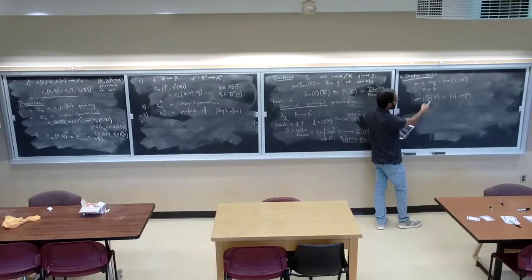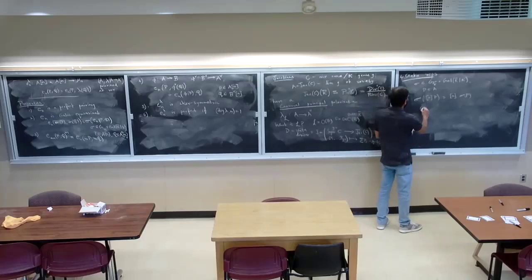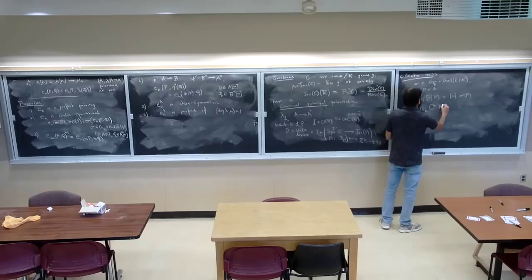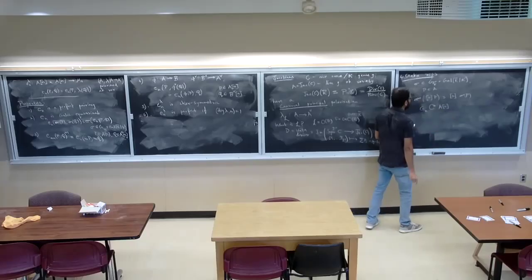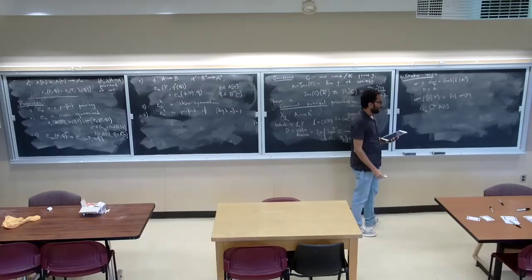Right? So this means that if P is an n-torsion point, sigma of P is also an n-torsion point. So G_K acts on the n-torsion of A.